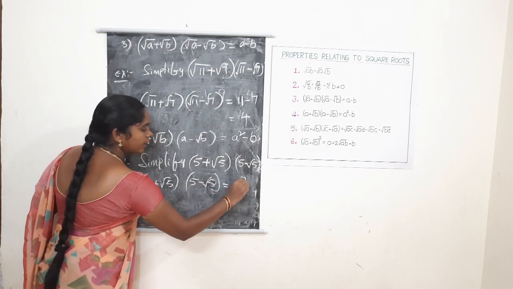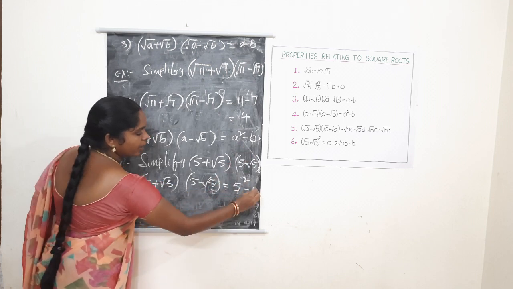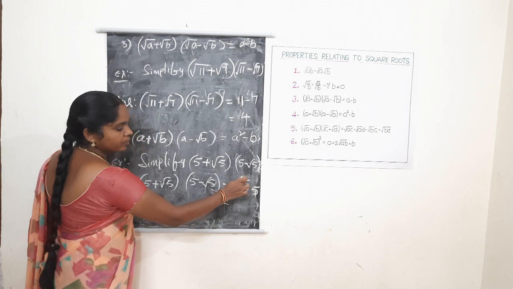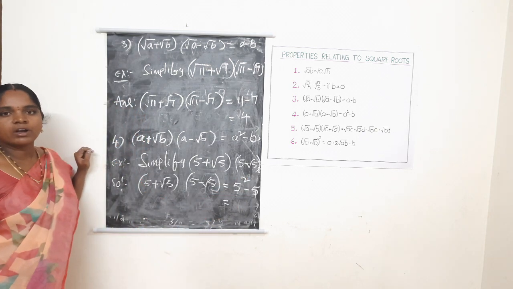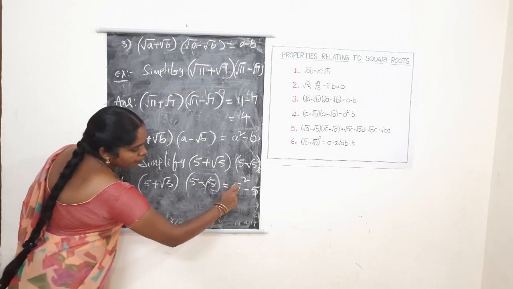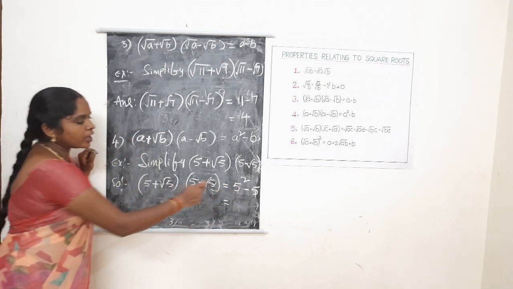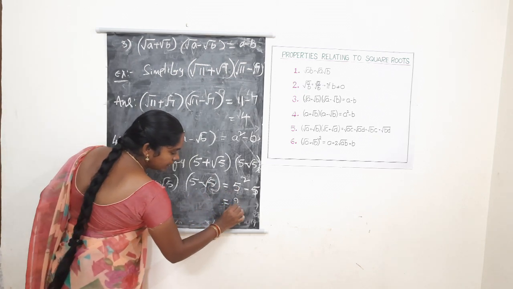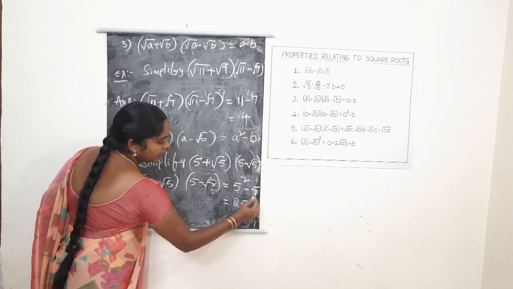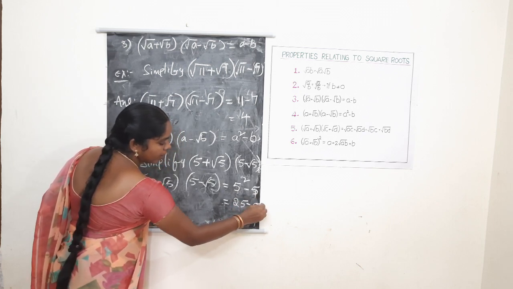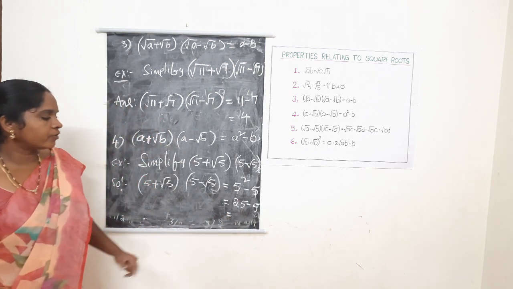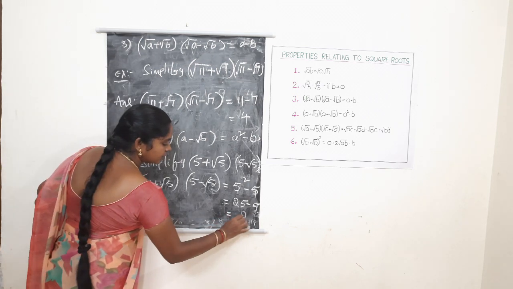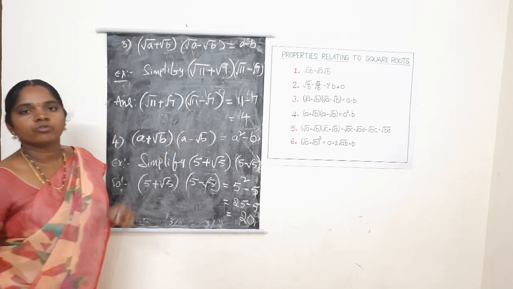So 5 square minus B is 5. 5 square means 5 into 5, 5 5s are 25, minus 5. So subtracting 5 from 25, 25 minus 5 is equal to 20. So the result is 20.